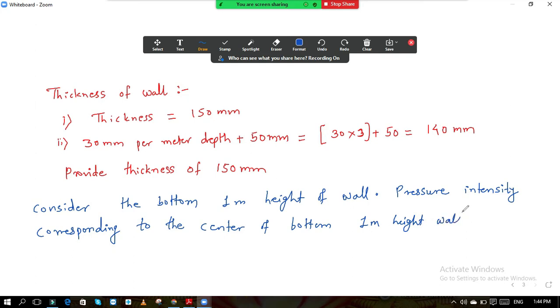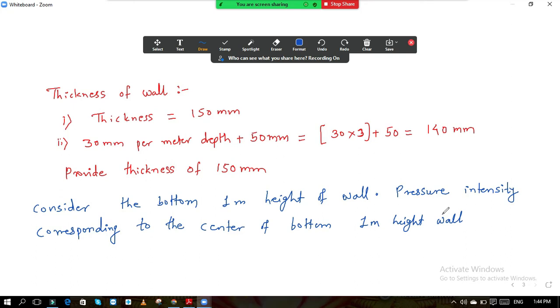So we have considered the height of the wall from bottom 1 meter, and we are now calculating the pressure intensity at the middle of that 1 meter height. Okay, so at that wall.